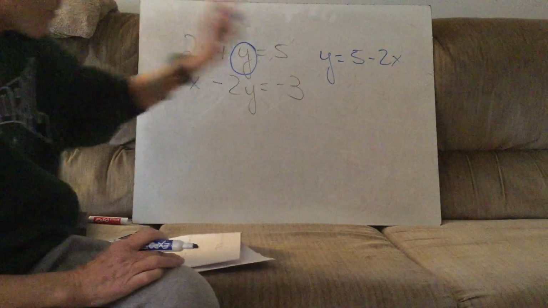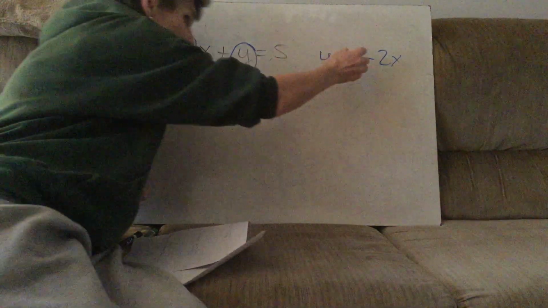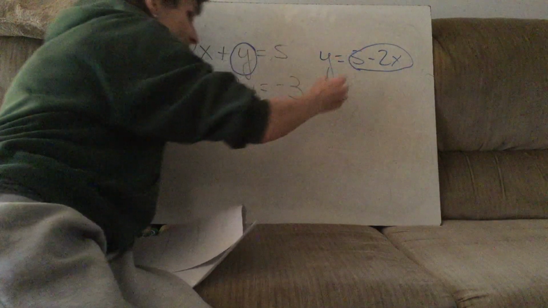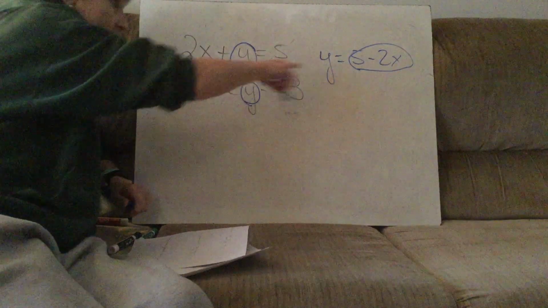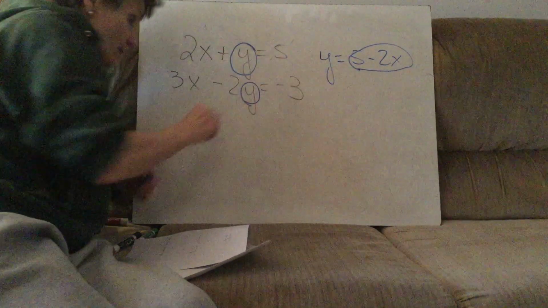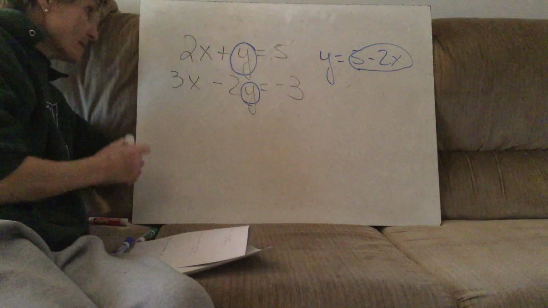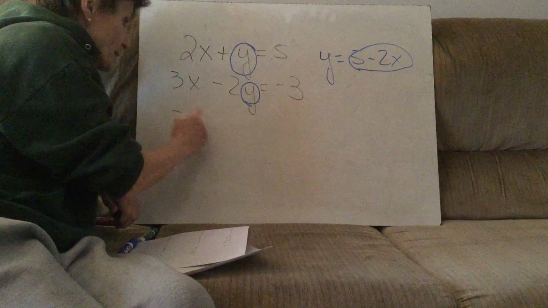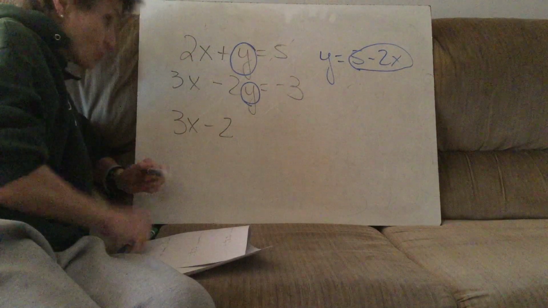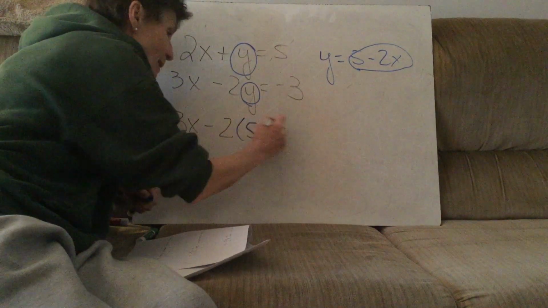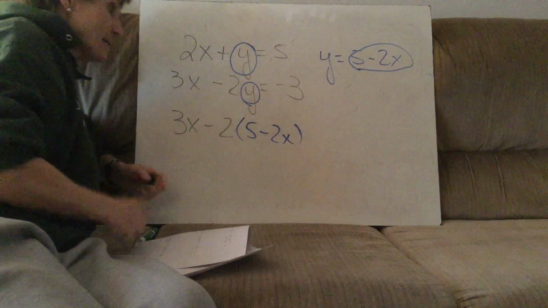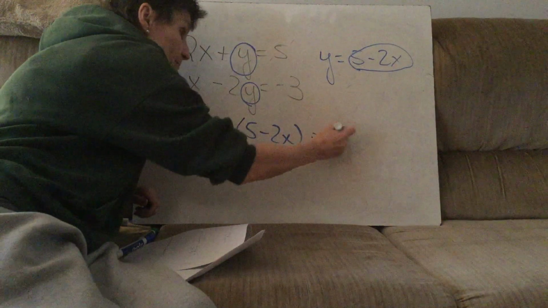Then I'm going to take that value of y right there, this guy right here, and he's going to go into my other equation in place of y. Since that's what y equals, he's going to go in there in place of y. So that's going to be 3x minus 2 times my y value, which is 5 minus 2x, equal to negative 3.